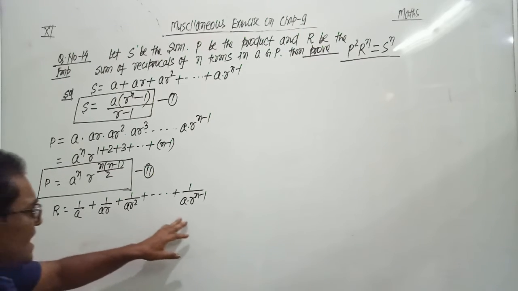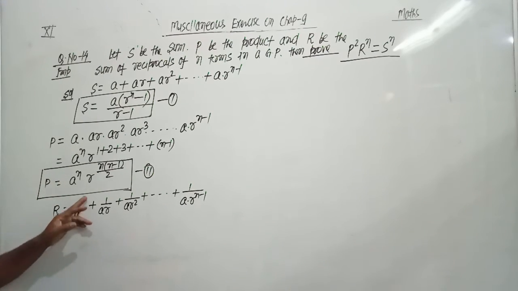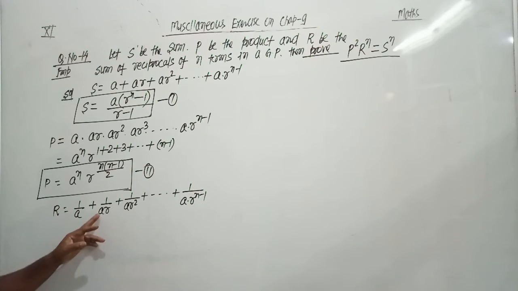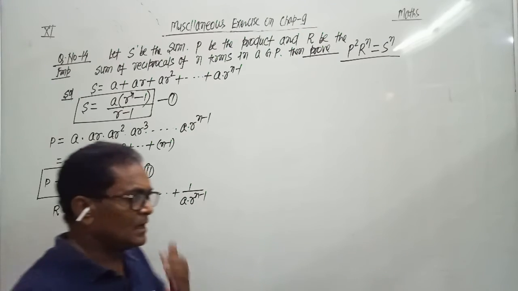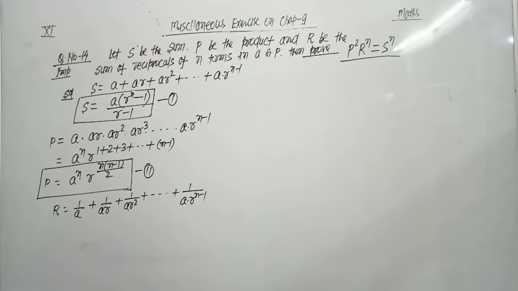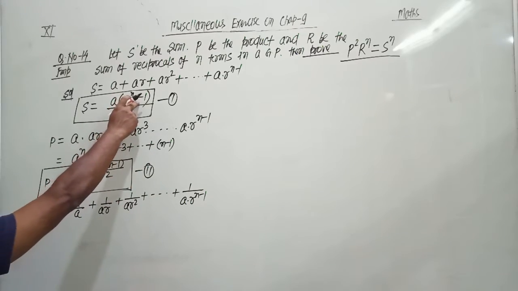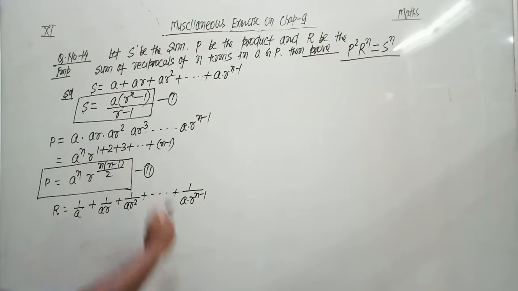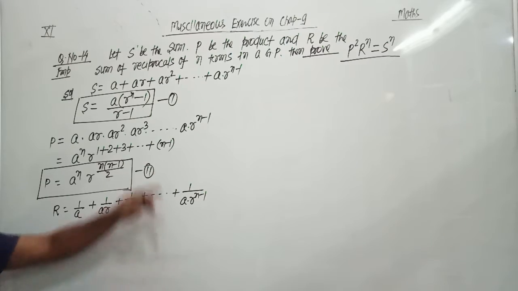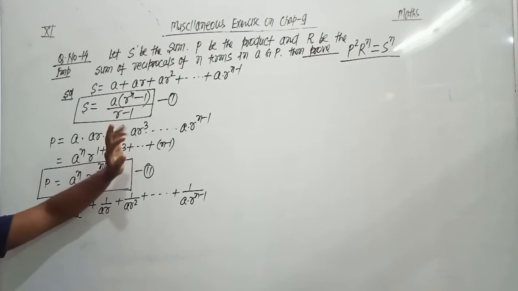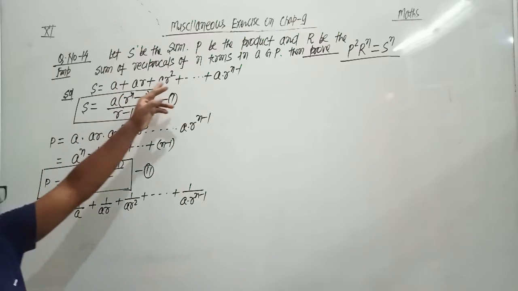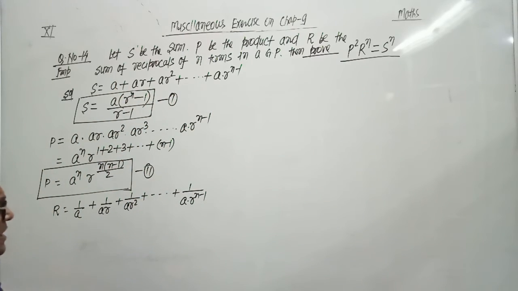And this sequence is also in GP, whose first term is 1 by a and the common ratio is 1 by r. Here we have taken the formula for sum to n terms where r is greater than 1. When we take the reciprocals of all these terms, the value of r must be less than 1, so we use again the formula for the sum to n terms.